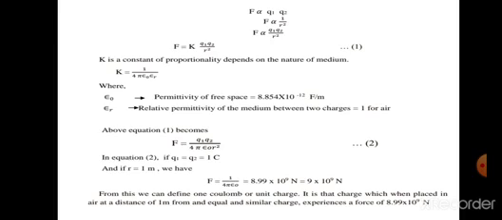So its value is fixed, that is 8.854 into 10 to the power minus 12 farad per meter. And epsilon r is the relative permittivity of the medium between two charges, which is 1 for air.